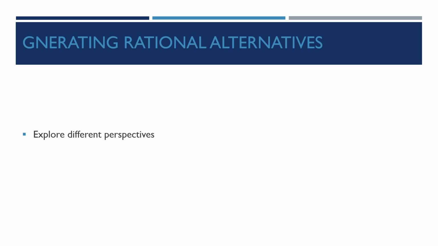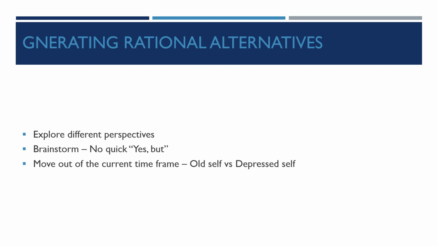When you do this process of generating rational alternatives, you want to explore different perspectives, and try to create a spirit of collaborative brainstorming instead of coming up with a quick "yes, but," and just foster flexibility in thinking that there could be other ways of seeing things.